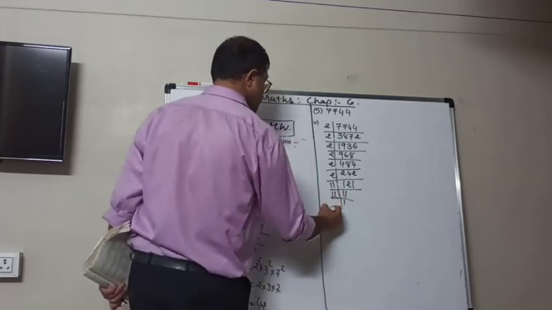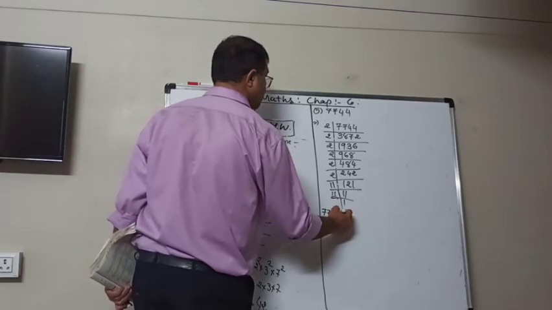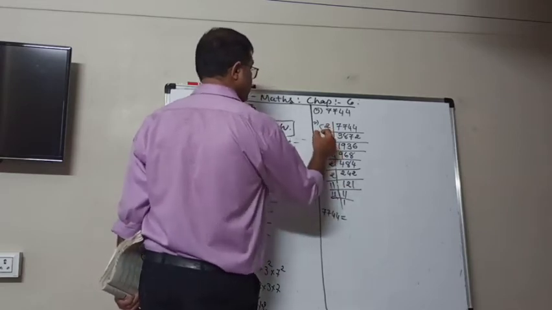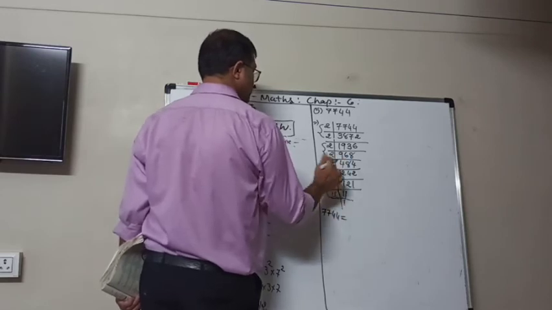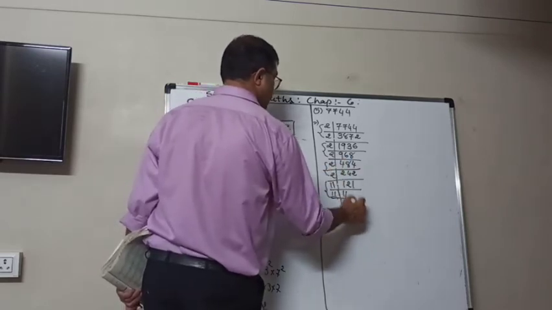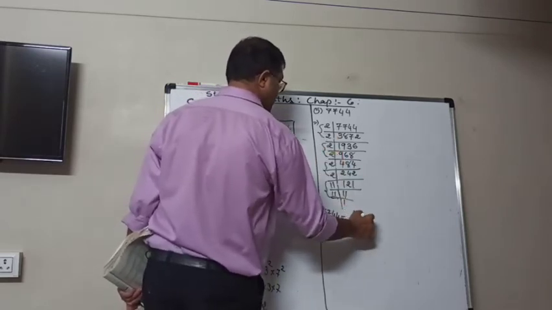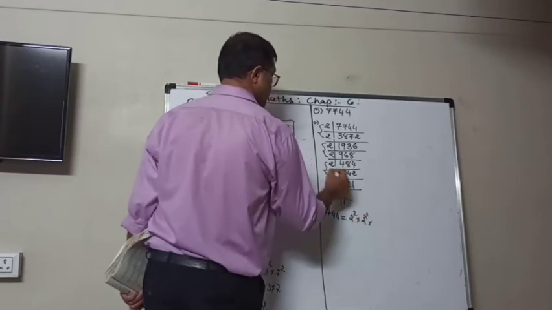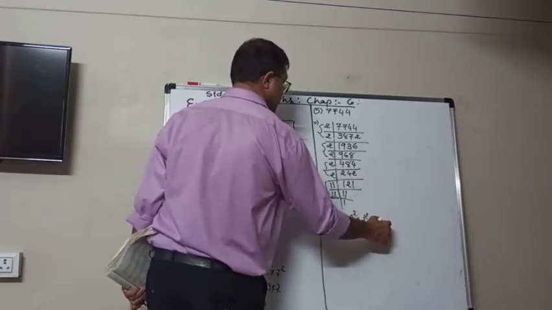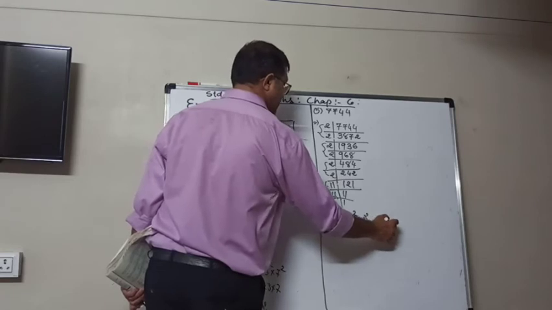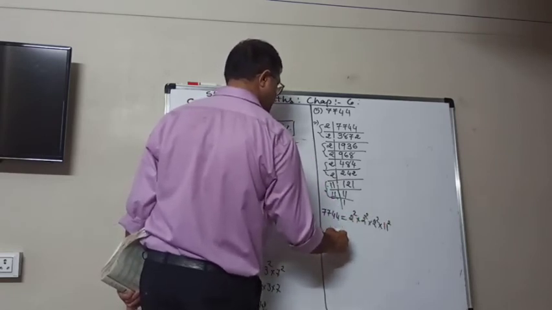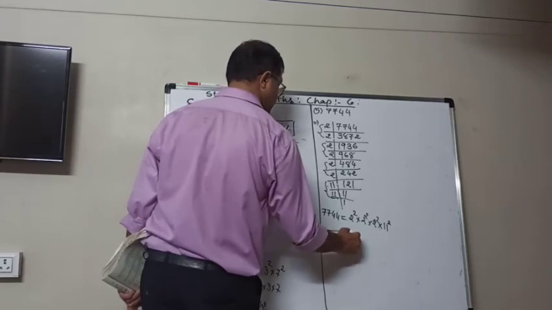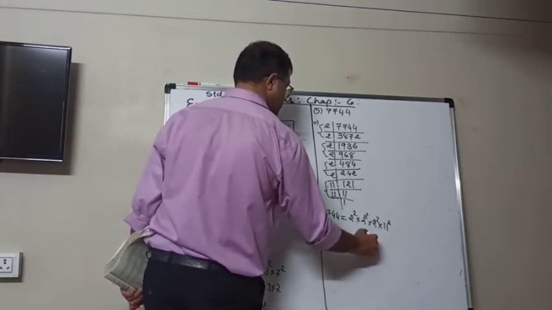So here 7744, we can make the pairs here only for our convenience. So a pair of 2 square here, again a pair of 2 square here, again 2 square here, and the last is the pair of 11, means 11 square. So square root of 7744, you can remove the square.